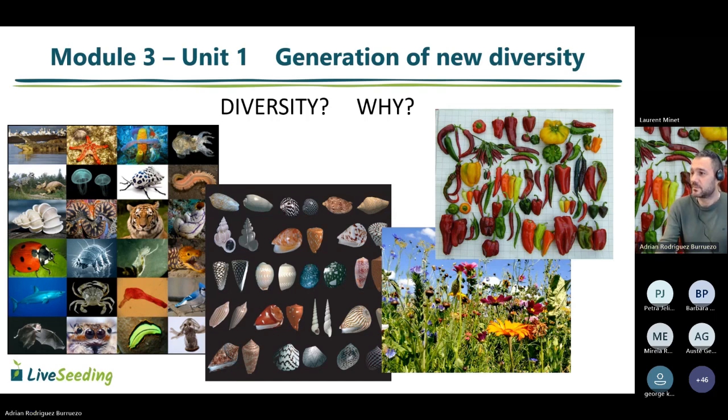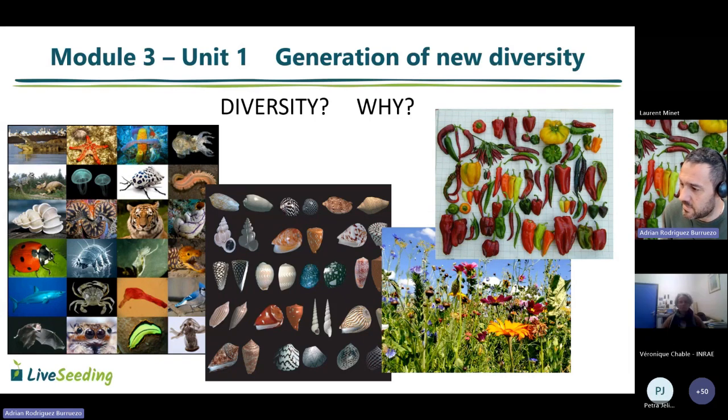So we are in unit 1, generation of new diversity, and we finally will link to breeding. But the first question that many people ask is: diversity, why? What is the reason for diversity?